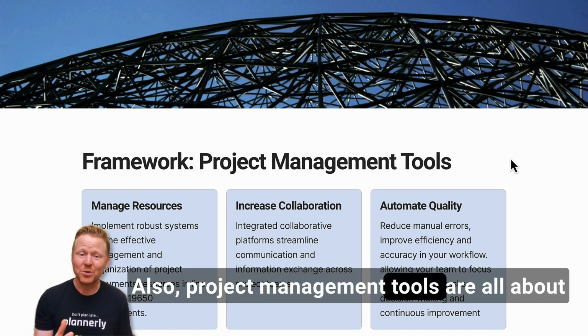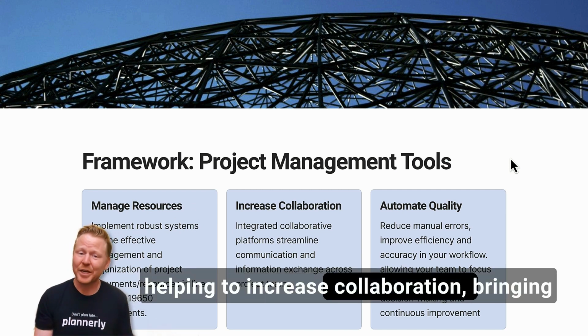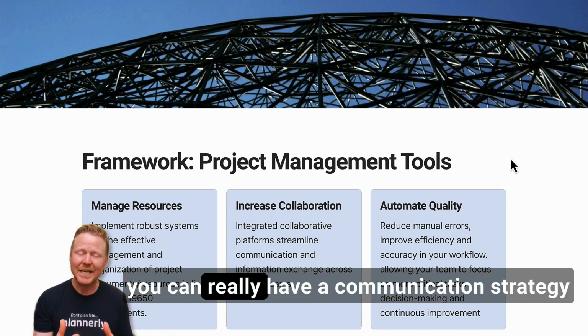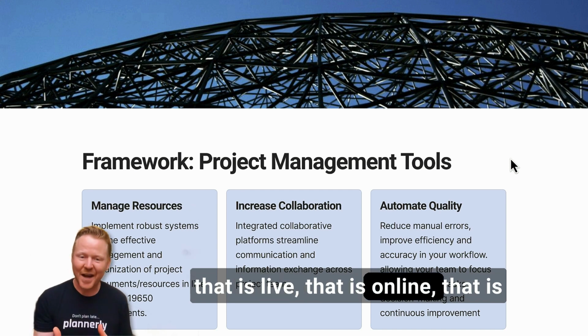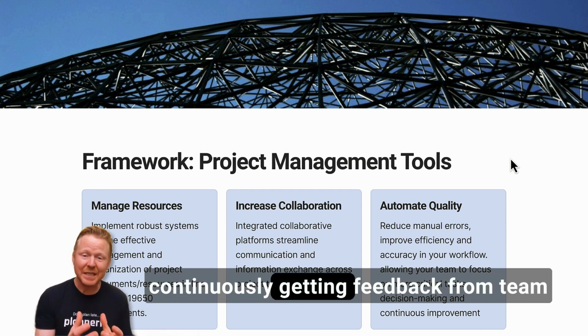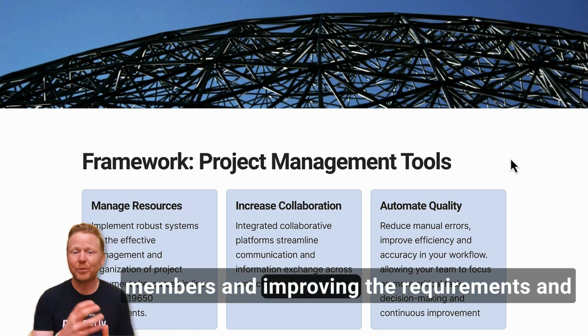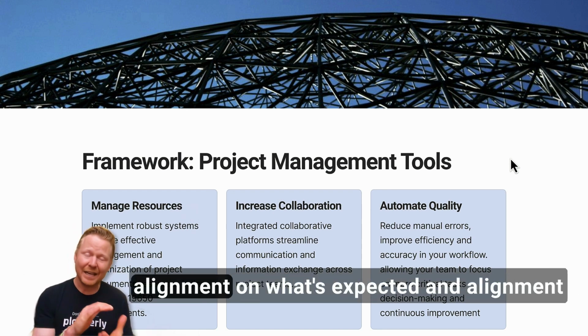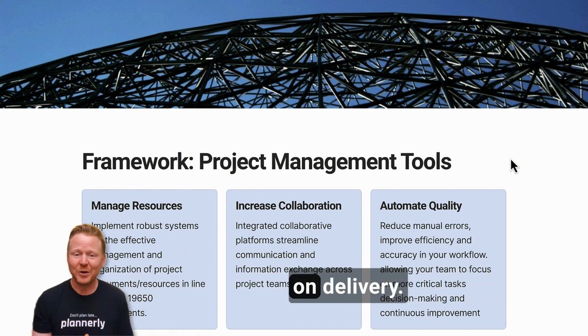Also, project management tools are all about helping to increase collaboration, bringing multiple parties into the same place so that you can really have a communication strategy that is live, that is online, that is continuously getting feedback from team members and improving the requirements and improving the delivery so that you can get alignment on what's expected and alignment on delivery.